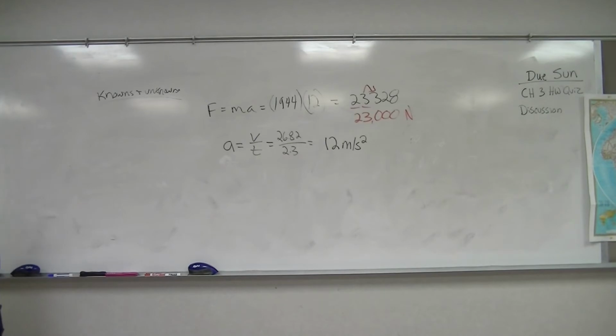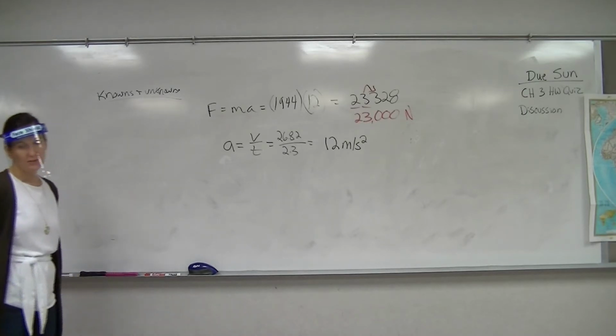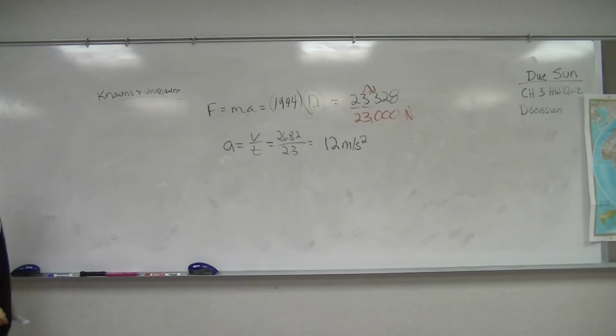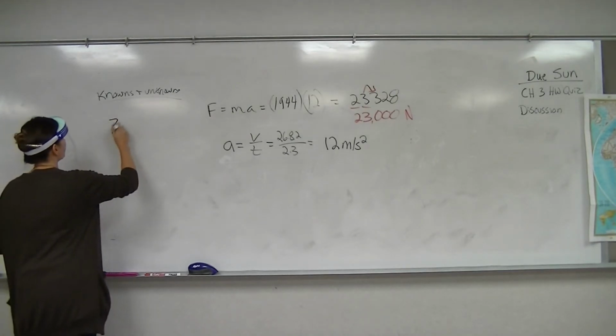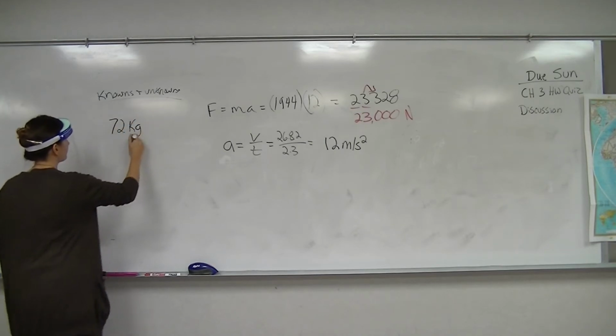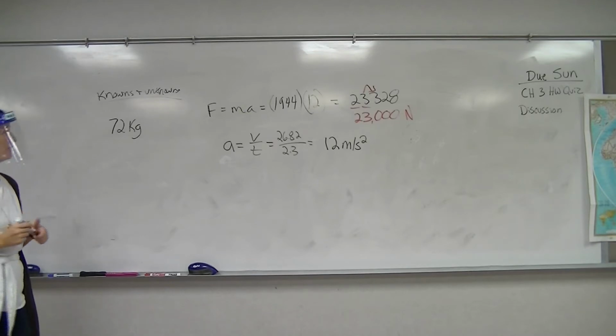All right, so number 5, we have a body being dragged across the floor. So they tell us that this body is 72 kilograms. And initially, they're applying a 33 Newton force on the body.